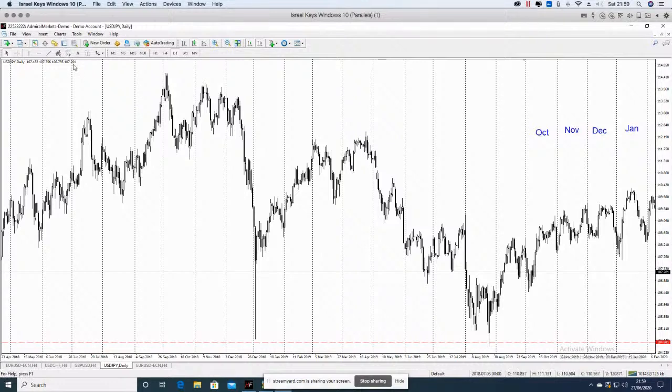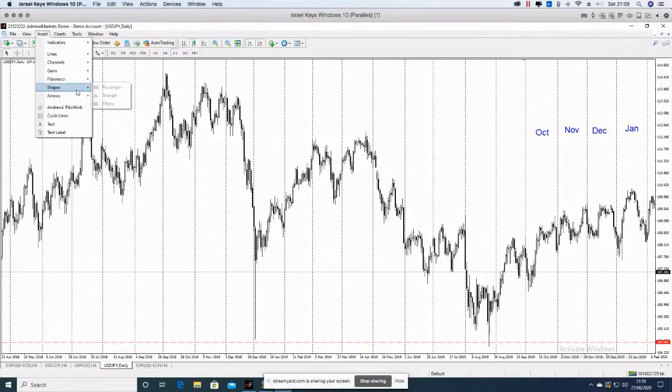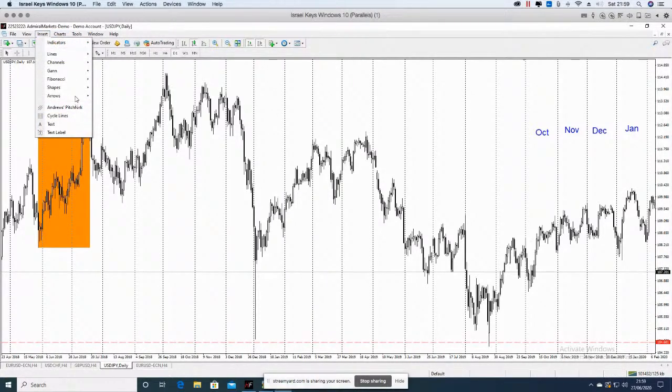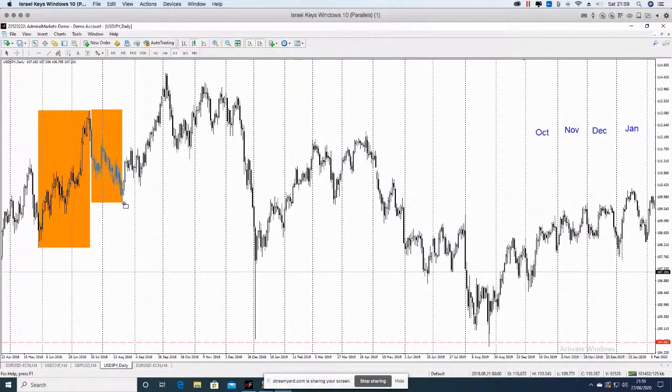I'm going to draw the highs and lows as we go along. Just show you this real quick. So let's start from there. Price goes up, right? Up until there. Then it comes down in that zone there.